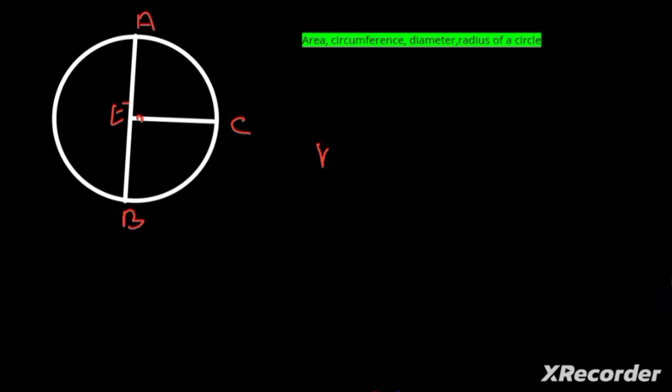We can denote the radius by any variable, but usually we denote the radius by r. So in this circle, the radius will be EC. Like this, we can find out the radius of many more circles.